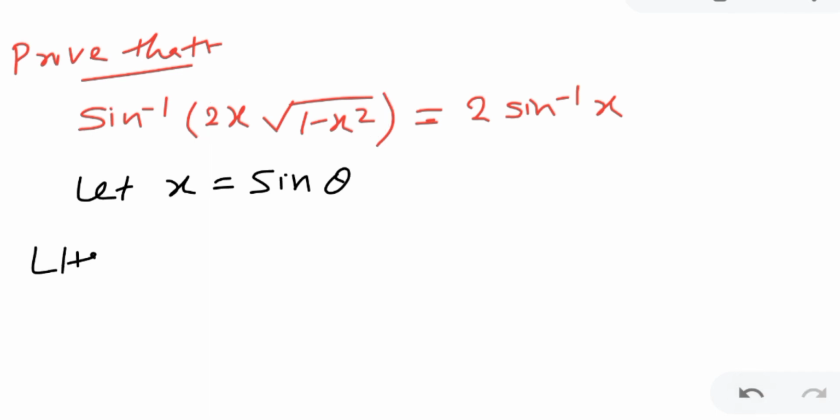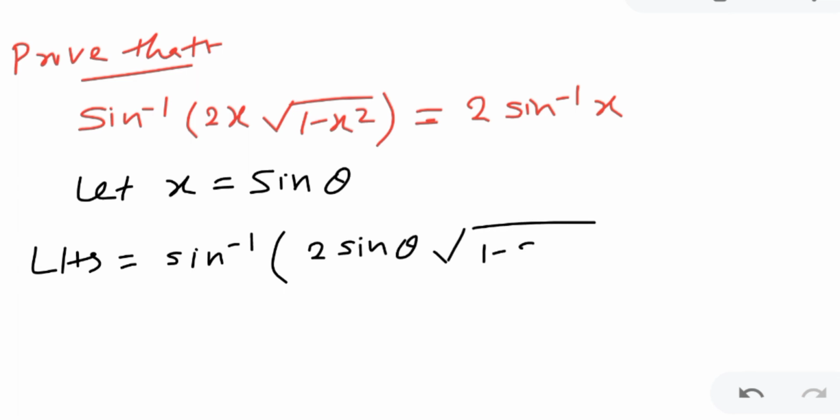LHS is sine inverse and inside will be 2, x value will be sine theta, and square root of 1 minus sine square theta, correct? And since we know cos square theta plus sine square theta is 1, so 1 minus sine square theta we can write as cos square theta, correct?